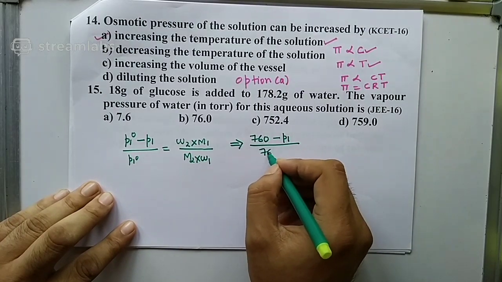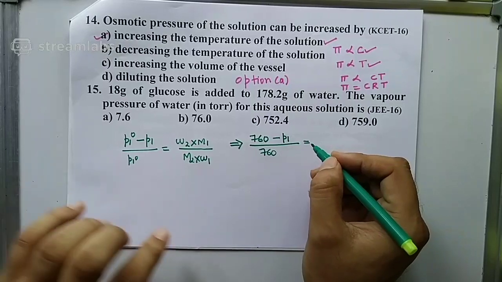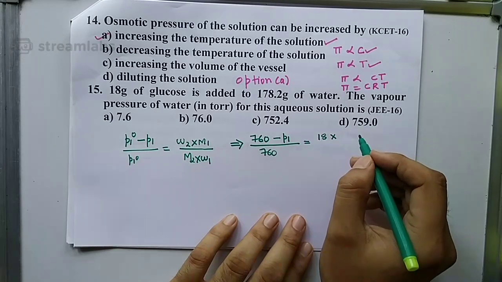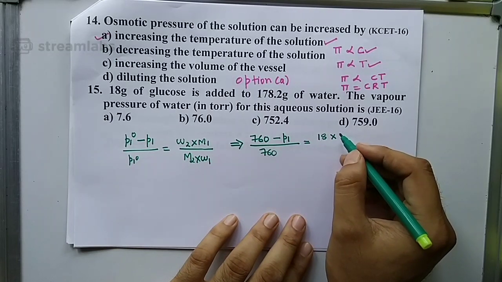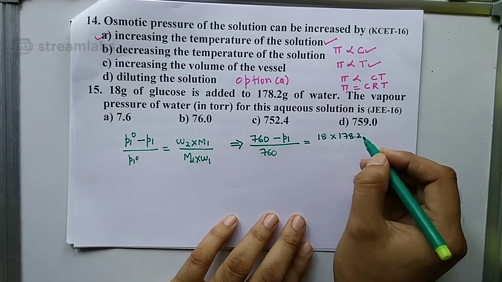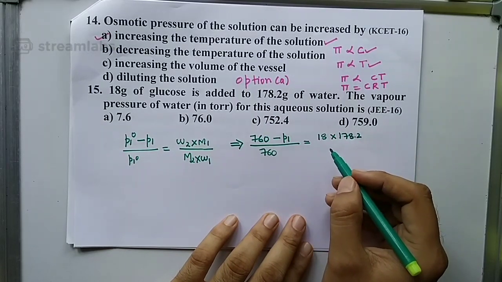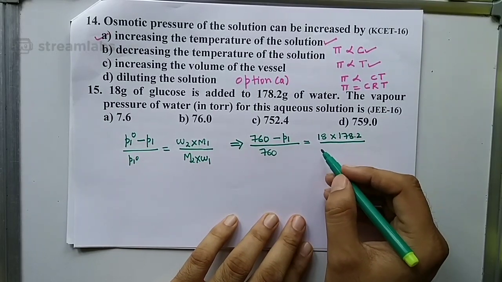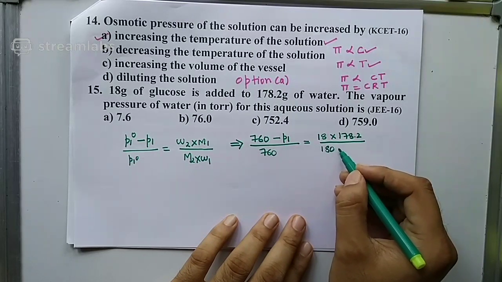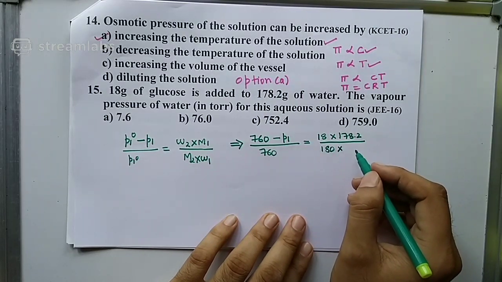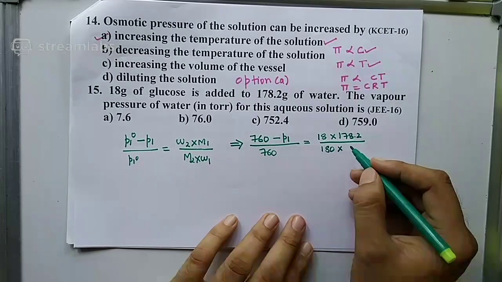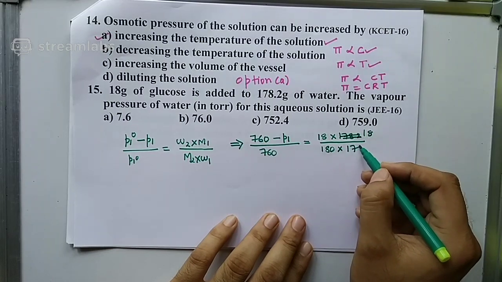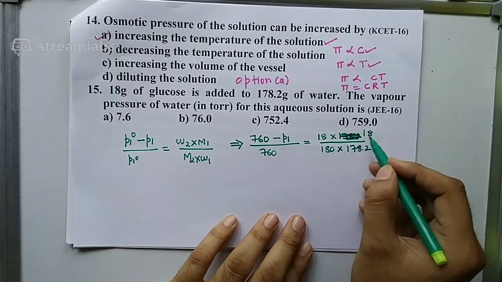That should be equal to the mass of solute dissolved, 18 grams, multiplied by M1, the molar mass of solvent, 18, divided by M2, the molar mass of glucose, 180, multiplied by W1, the mass of solvent, 178.2.